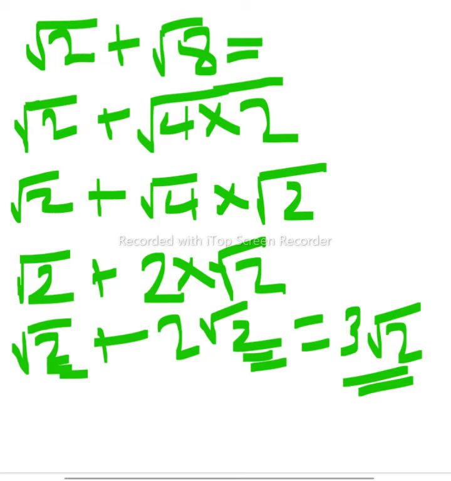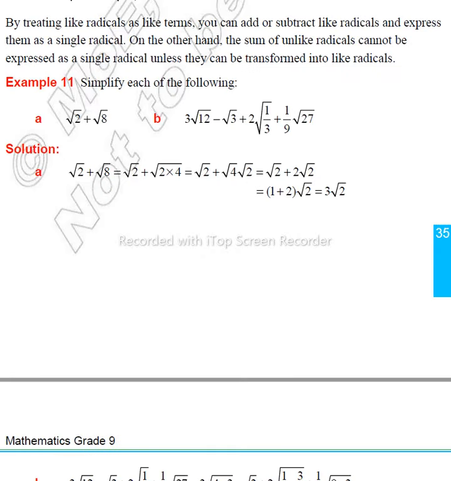The next question says 3 square root of 12 minus square root of 3 plus 2 square root of 1 over 3 plus 1 over 9 square root of 27.